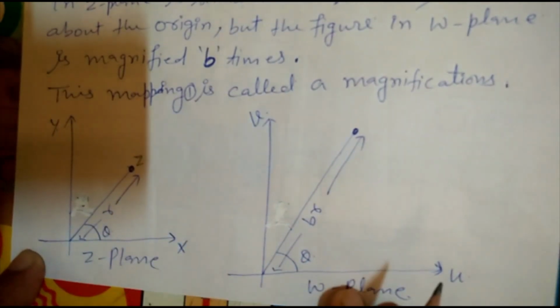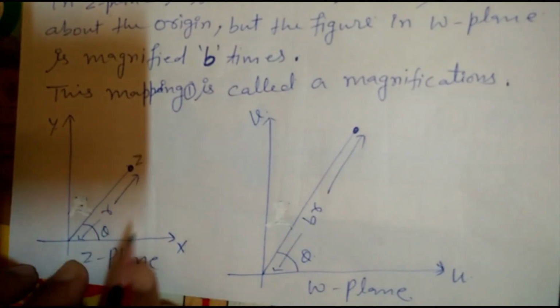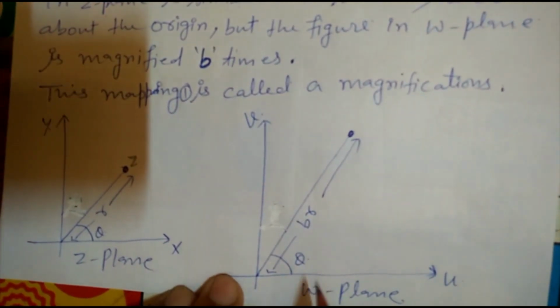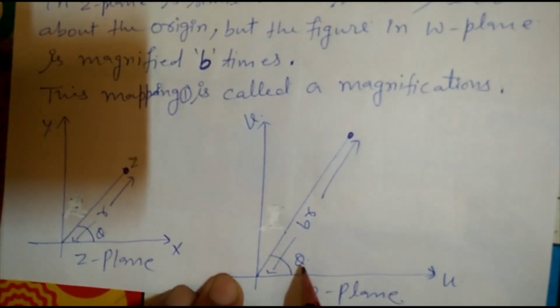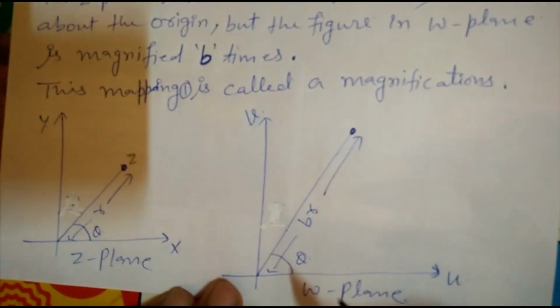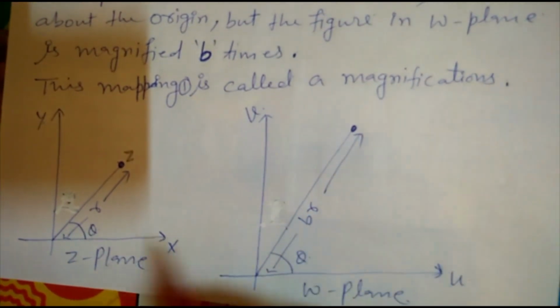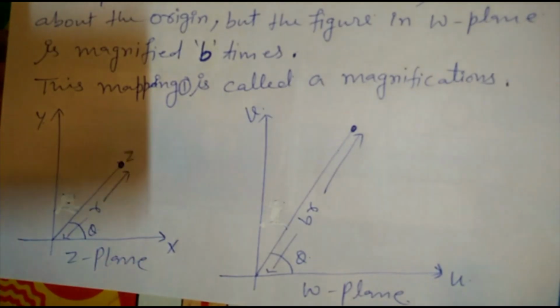If we locate this point in the W plane, W = Bz. In the W plane the angle is the same, that is theta, but the figure is magnified B times that of the Z plane.